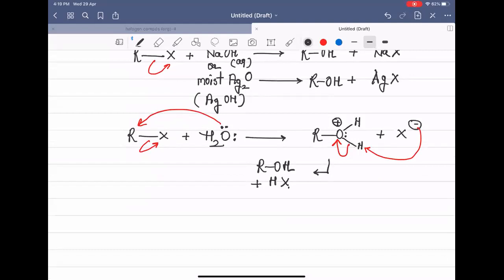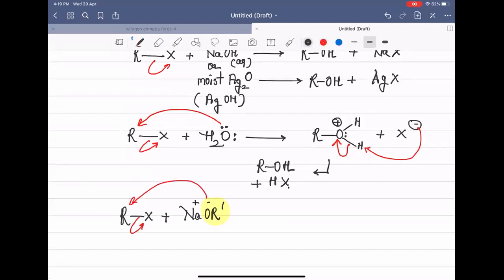You can even have RX reacting with NaOR dash. Here the nucleophile is OR minus, and the same thing happens.